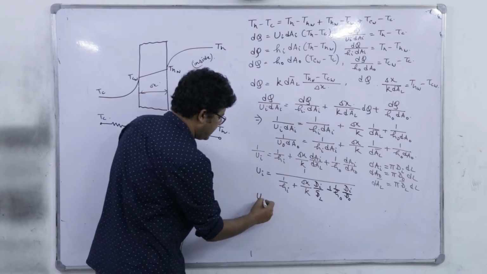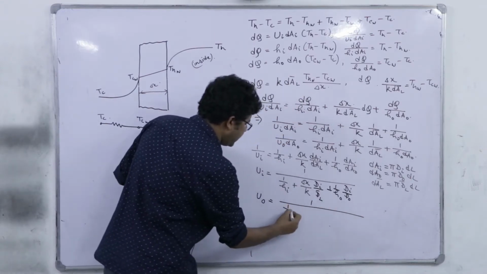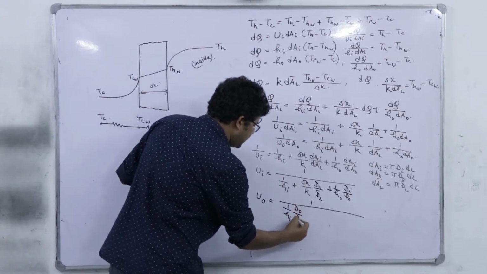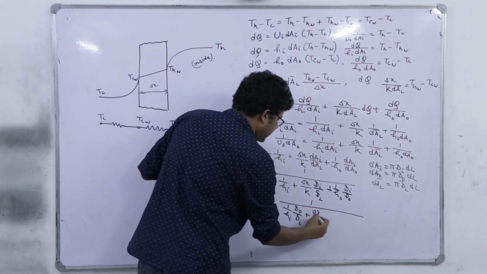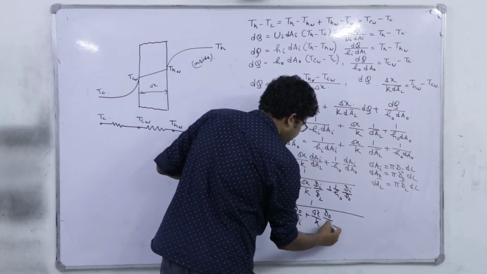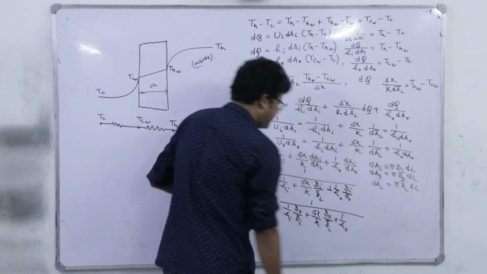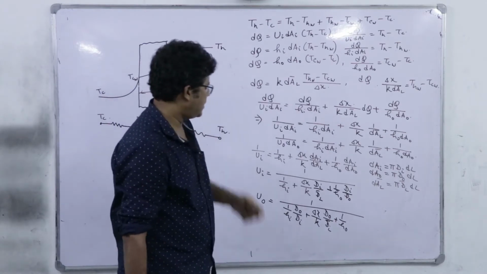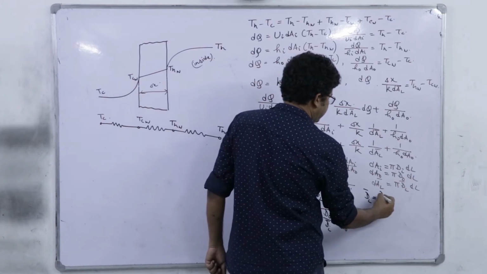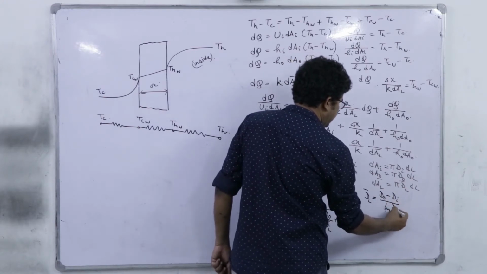Similarly, UO will be 1 divided by HI, DO by DI, plus delta x divided by K, DO by DL bar, and 1 divided by HO, right. And we have to note that DL bar is equal to DO minus DI divided by ln of DO by DI.